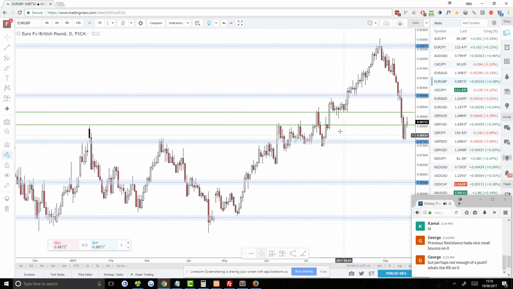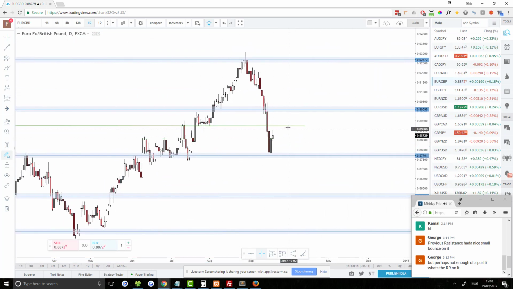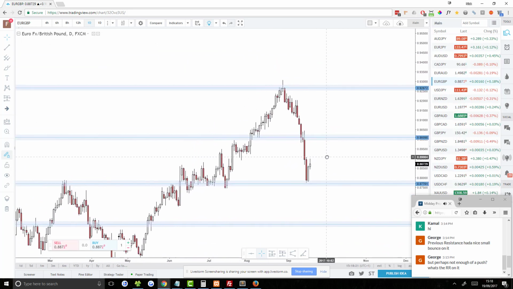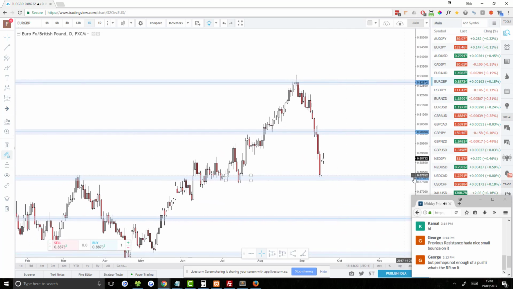So it's hard to get good support resistance around here. You know, there is potential for a short continuation here for those who want to trade it, but I'm probably not going to. Resistance is just a bit too iffy on this one, so yeah, I'm gonna skip that.